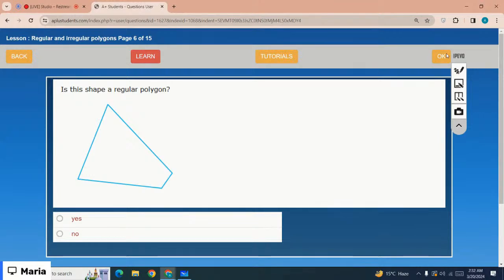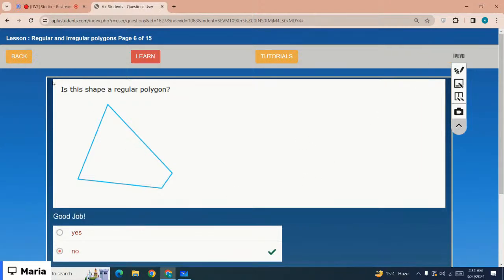Is this shape a regular polygon? The correct option is no, this isn't a regular polygon, right?